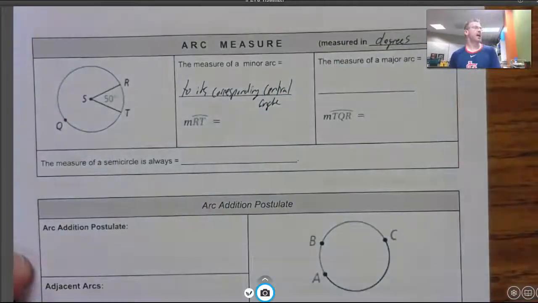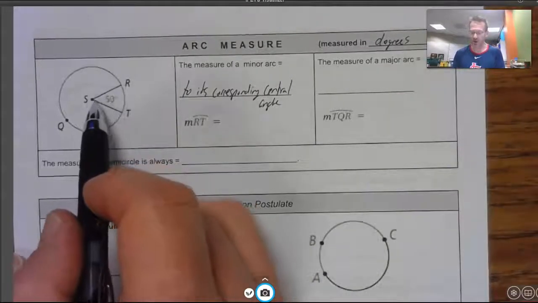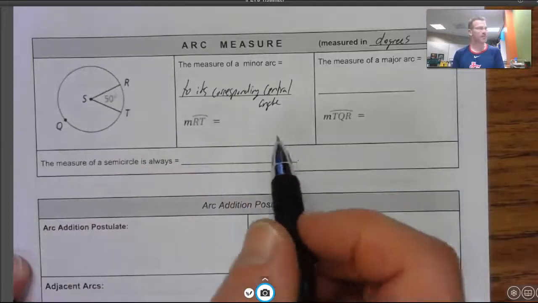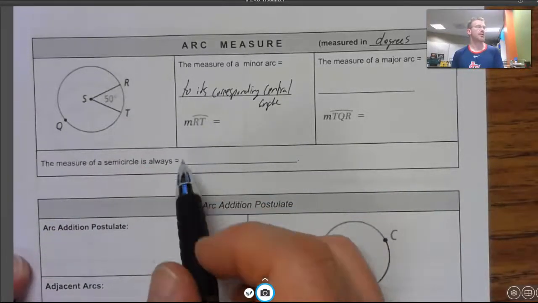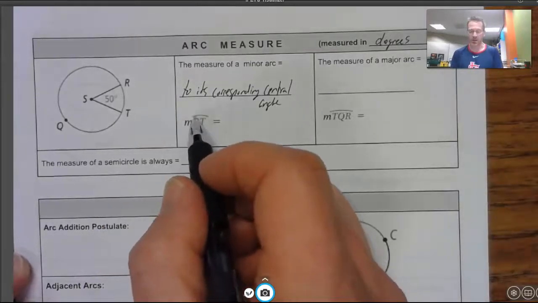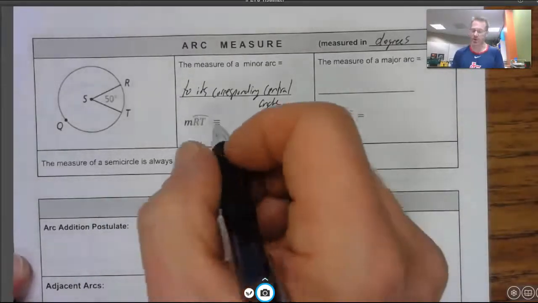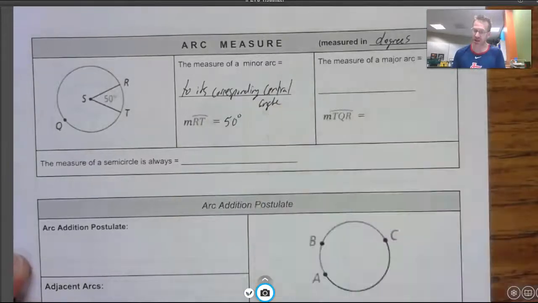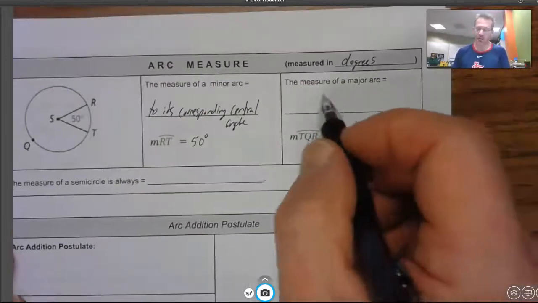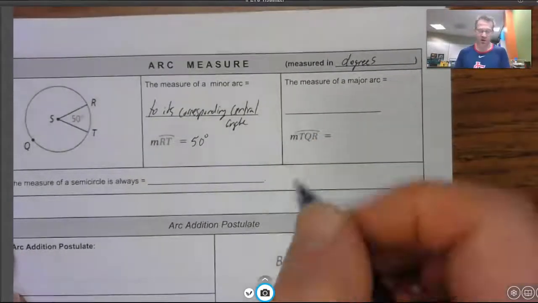So every minor arc can be formed by a central angle. Notice we have RST as our central angle here. It has a measure of 50 degrees. And notice we still use the same little m like we do with an angle because we're talking about degrees here. We see that RT, 2 letters, is the minor arc, so we know it has to be less than 180 degrees. So that's 50 degrees.